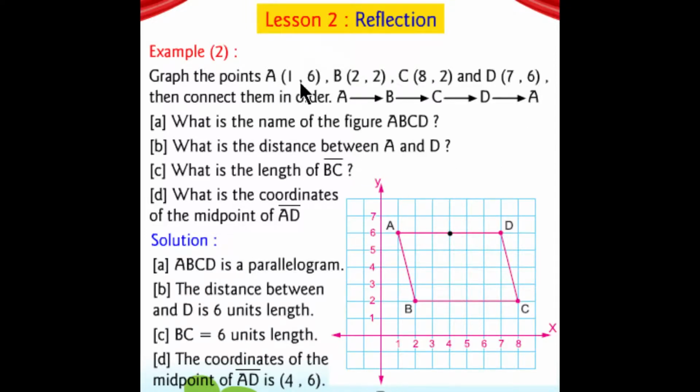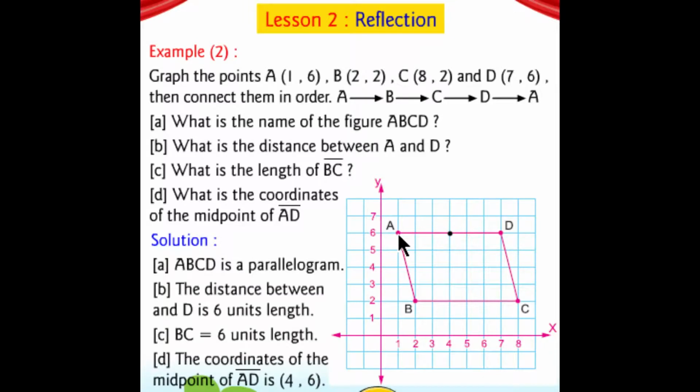The point A, (1, 6): 1 on the x-axis, then move to 6. Point A, (1, 6).